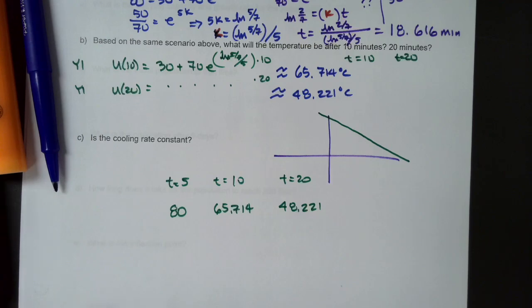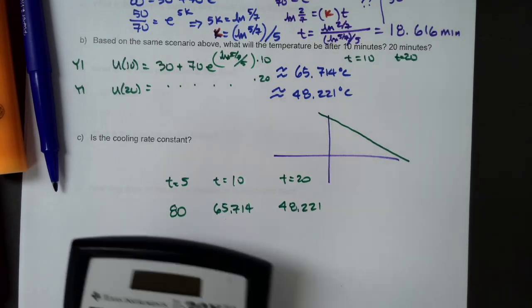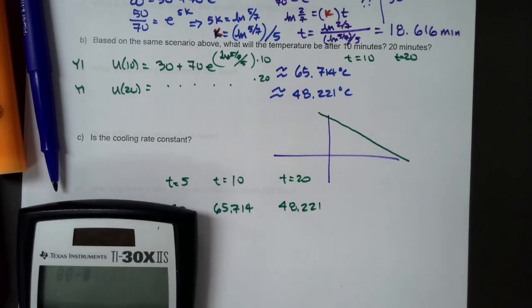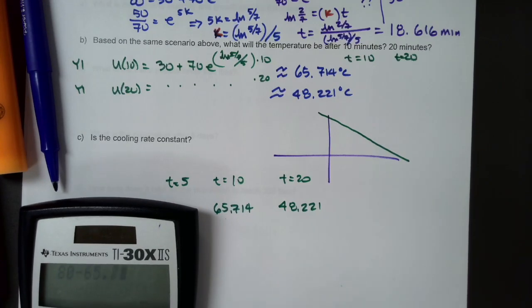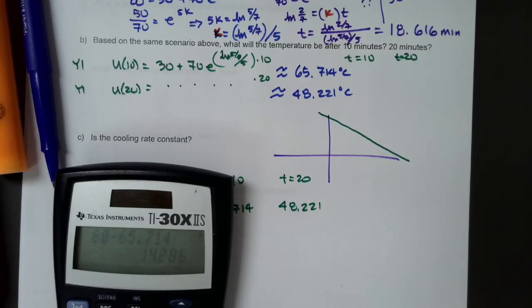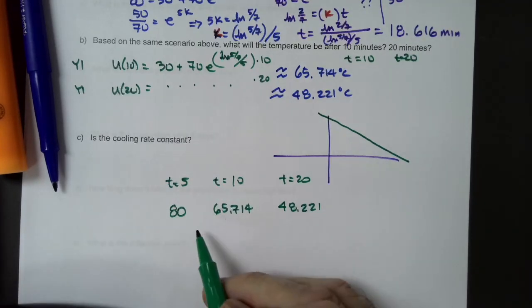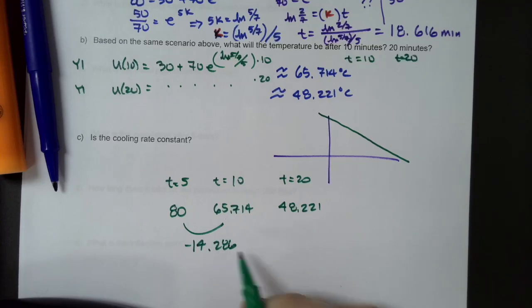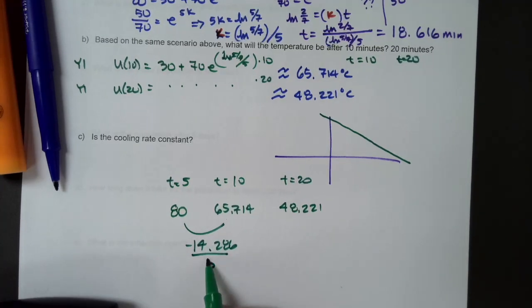You can see that this drop from 80 down to 65.714, that's a drop of 14.286 in 5 minutes.